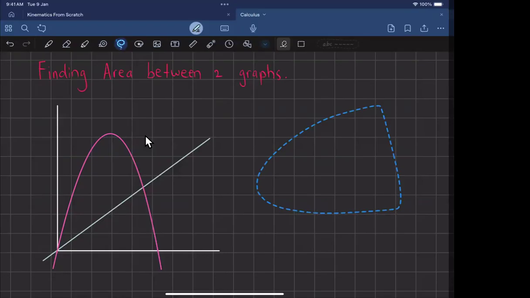Where's another word for bend? Curve. This is a curve, but we could use bend for this example. Bend is a good example to use. And what is this? A line. A straight line.